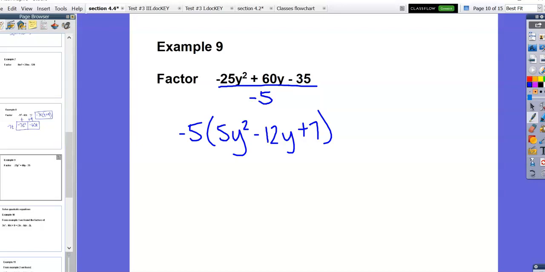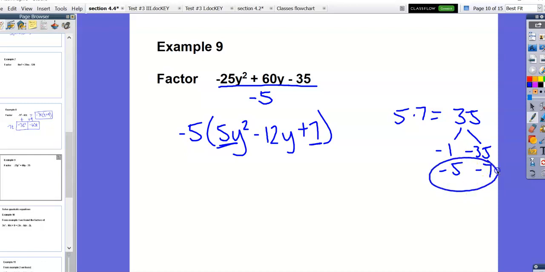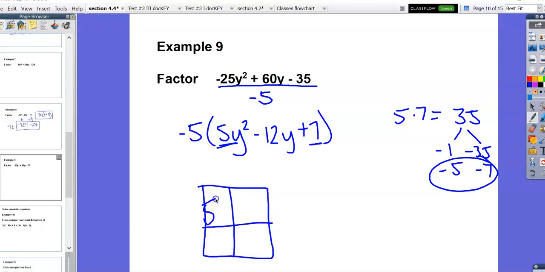Okay, I don't see any special patterns we could use, so we're going to have to multiply the a times the c and factor out the number 35. Because our middle term is negative, we want the negative values. And then we're going to use the pair negative 5 and negative 7 because that's what adds up to equal negative 12.